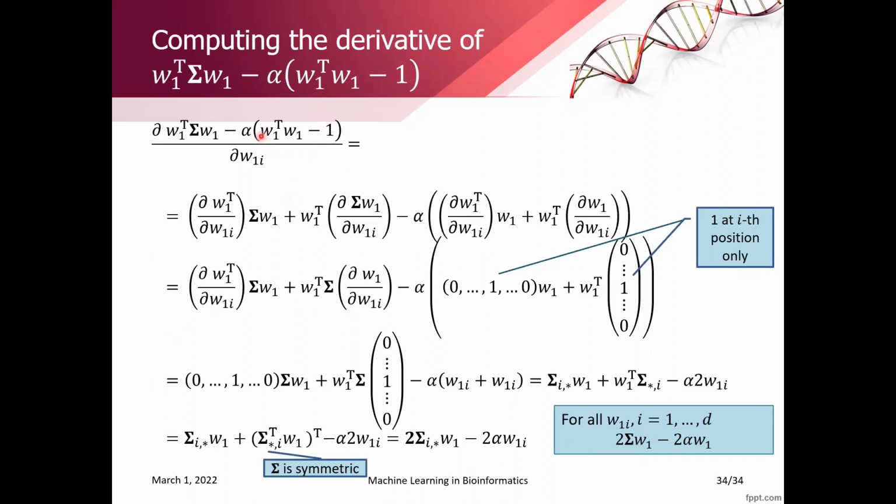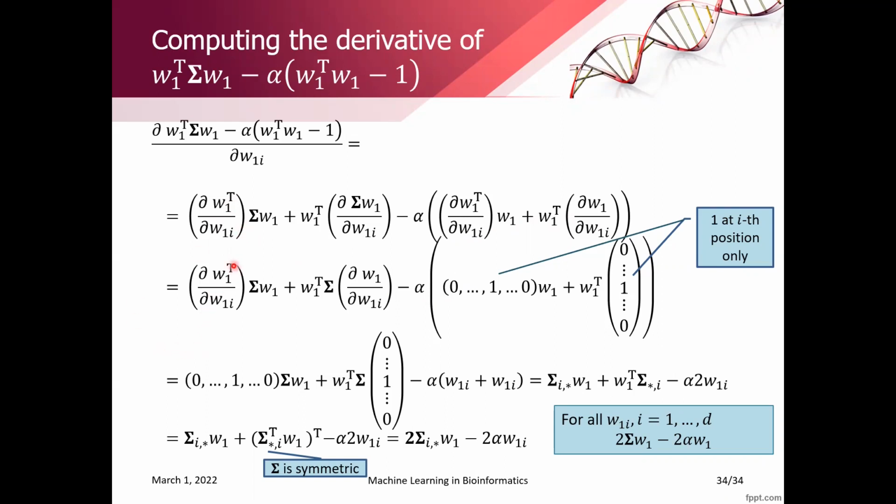So from this term I will have value 0, and this will again be a product: the partial derivative of W sub 1 transpose according to the ith element of W sub 1 times W sub 1, and here it is symmetrical. Let us look here. We have the partial derivative of W sub 1 transpose with respect to the ith element of W sub 1. All other elements of W sub 1 will result in 0 derivative.